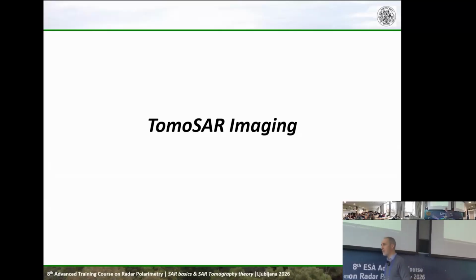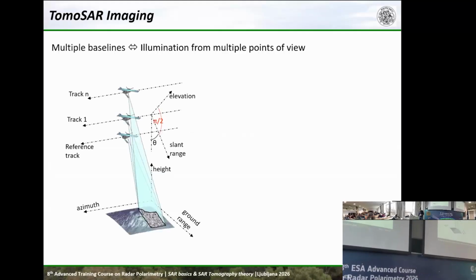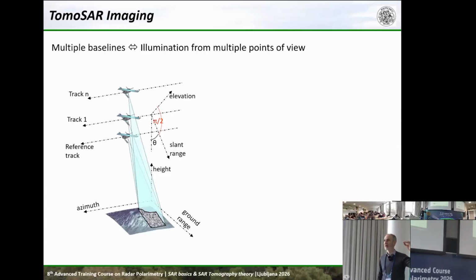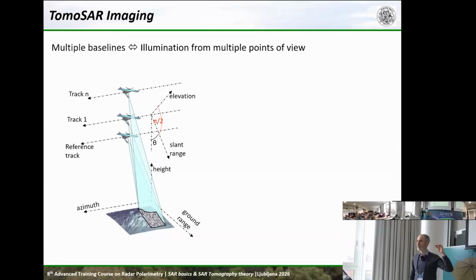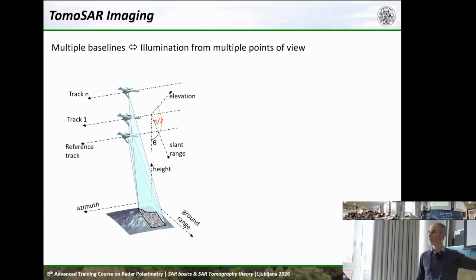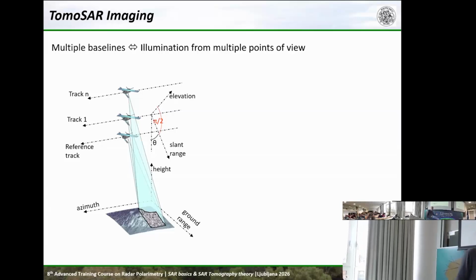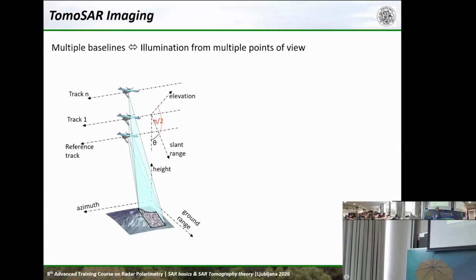So how does it work? Simply, we fly many times on parallel orbits. This is exactly what Biomass does in its tomographic phase, that is now.